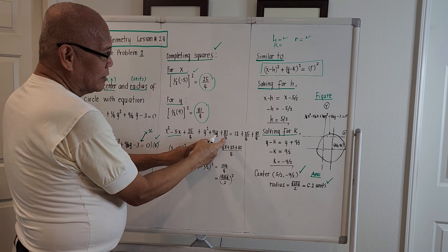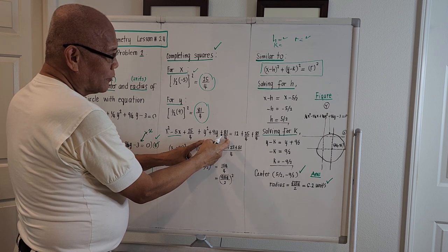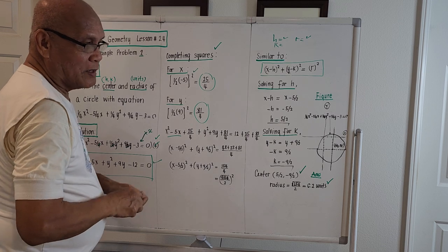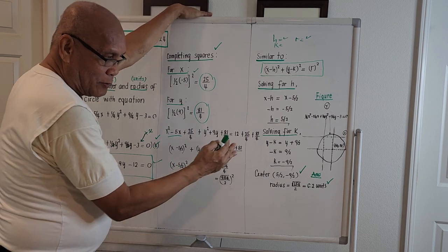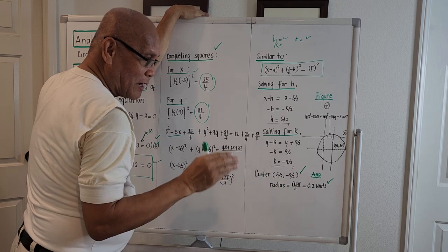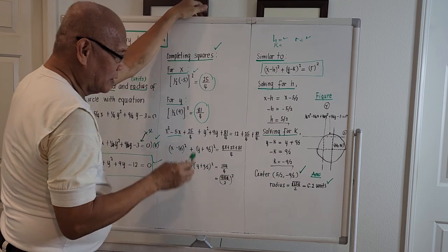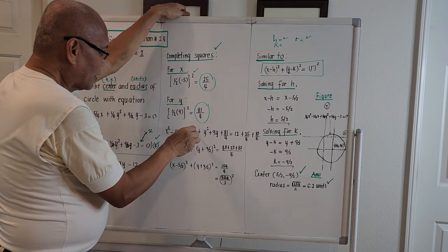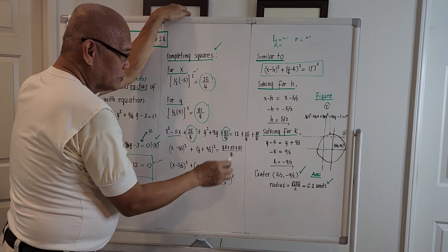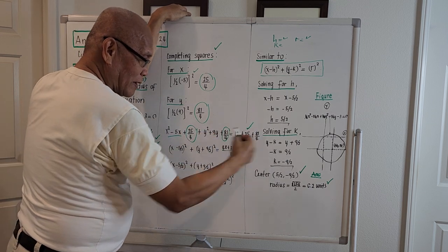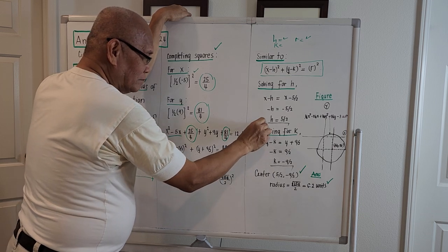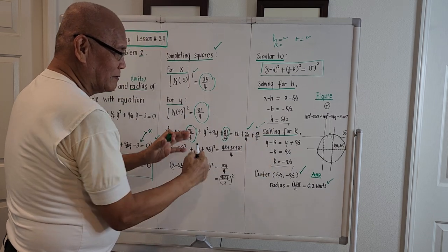And they should be equal to, as a rule in algebra, whatever you add on the left should also be added on the right for us not to change the value of the equation. So we added 25 over 4 here and 81 over 4 here, so we added 25 over 4 and 81 over 4 on the right hand side. So it is just balanced, right?